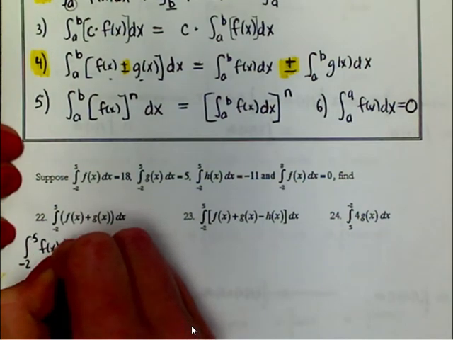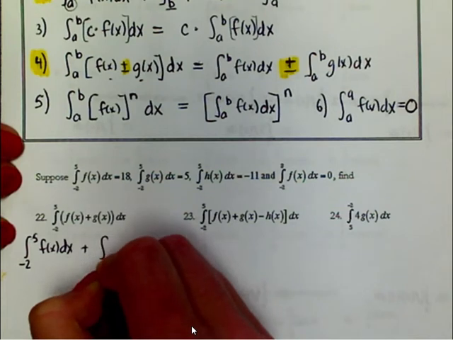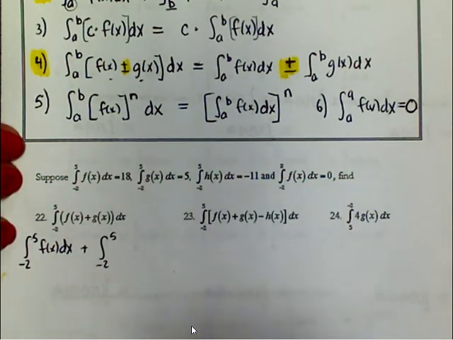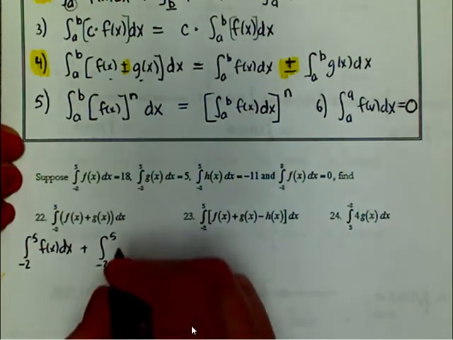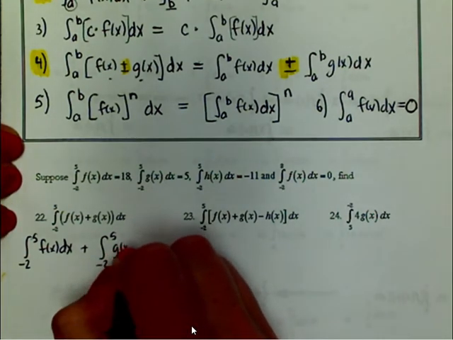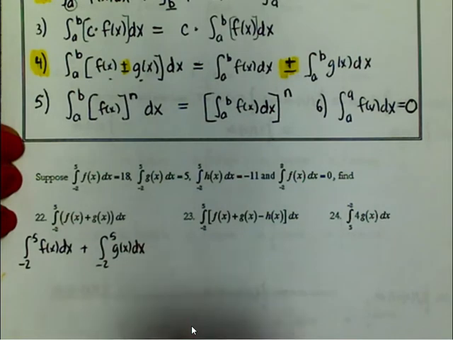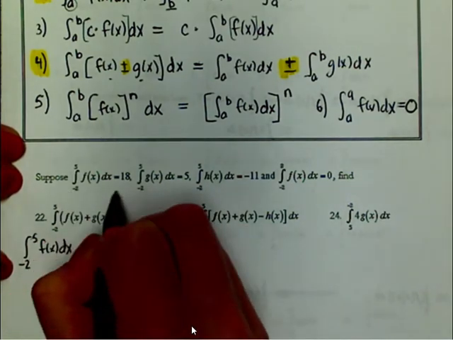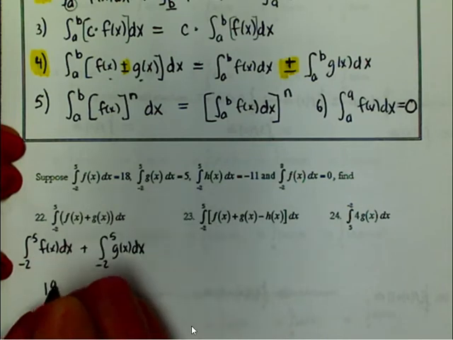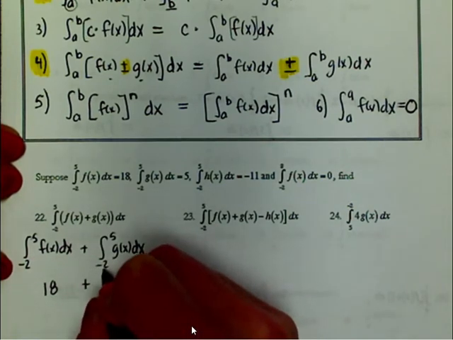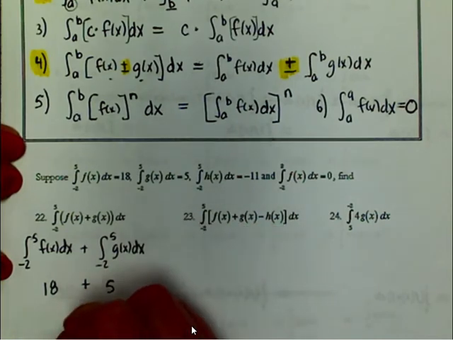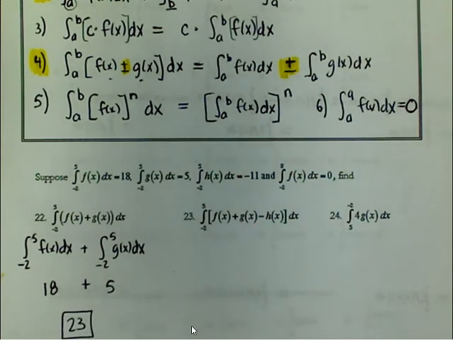And as I'm rewriting this, I'm hoping to write the integrals as one of the 4 items that are given to me. Negative 2 to 5 f of x. Okay, 18. So we're replacing it with the quantities, negative 2 to 5 g of x. And so the result is 23.